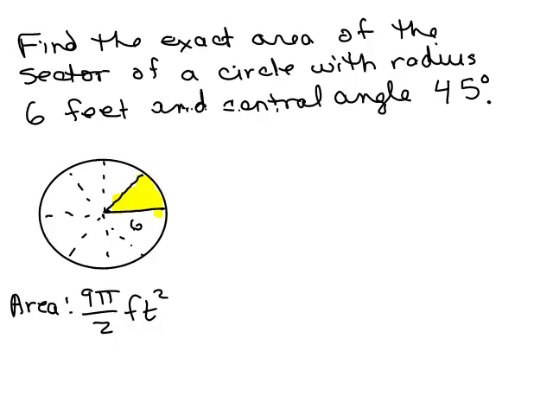All right, so here's the problem again. We already did it just by brute force, figuring out this is 1/8 of the whole circle, etc., and we came up with 9 pi over 2 square feet. Now let's use the formula, which is A equals 1/2 r squared theta, and theta must be in radians. So the first thing I need to do is take this 45 degrees for theta and change it to radians.